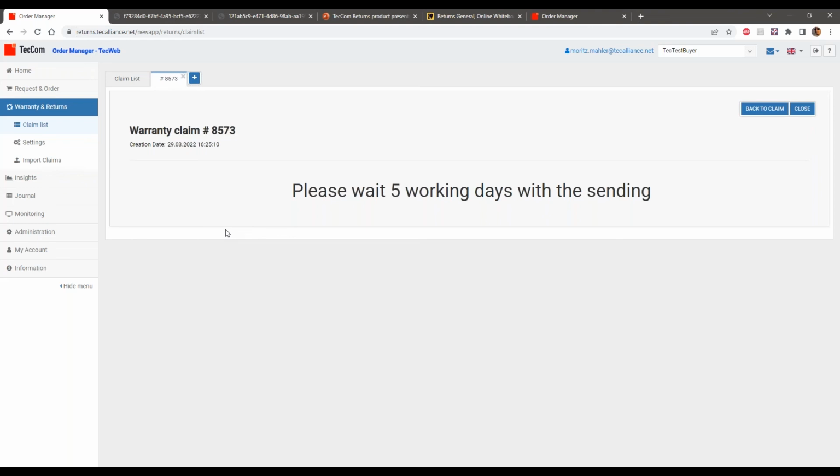But it's meant to give the customer a chance to do something before sending the parts physically to me, which means I could, for example, say, please wait for 5 working days before you send these parts to me, because maybe I can decide this claim with the pictures you added to the claim.